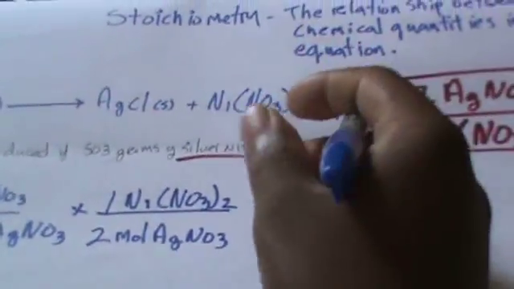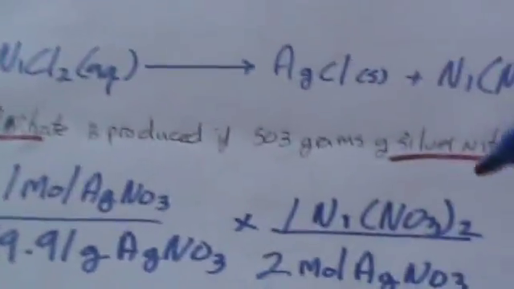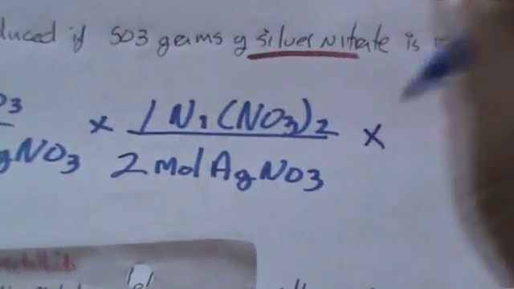Since the question is how many grams of nickel nitrate, I already have this down here, and I forgot to put the mole, but this is a mole, so that's fine.